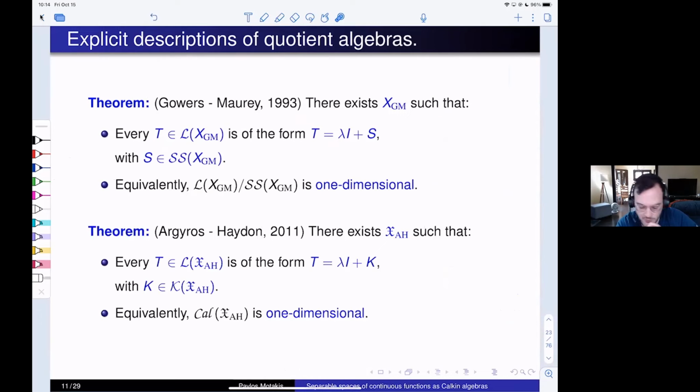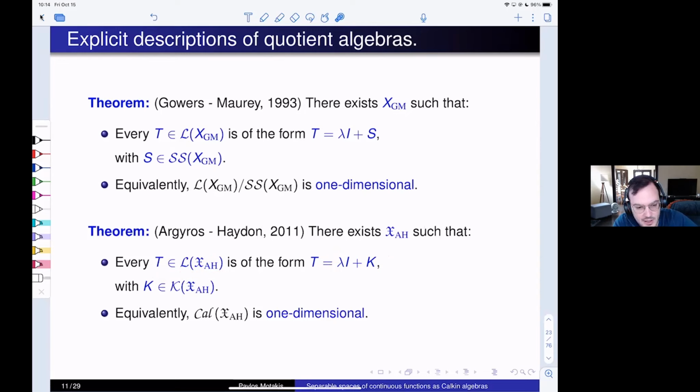They defined a space on which every bounded linear operator is a sum of a scalar operator plus a compact operator. And what this means is, if you take the space of all bounded linear operators and you quotient out the space of compact operators, then you're always striking out, erasing this compact operator. So again, you're left with a scalar here. And therefore, the Calkin algebra of this space is one-dimensional.